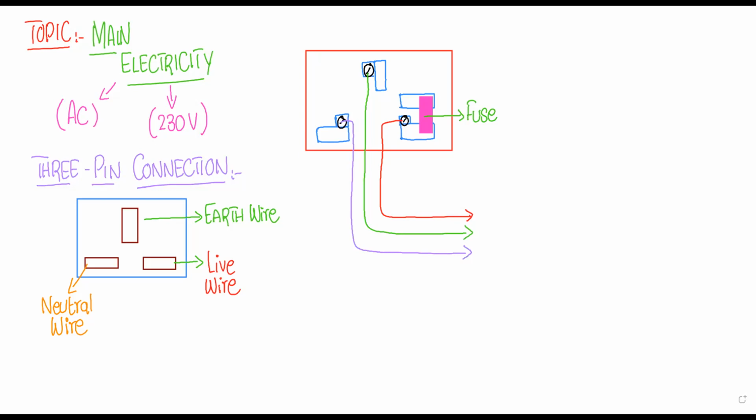So this one is live, this one is the earth wire, and the third one is known as the neutral wire, right? Now let's talk about the function. So this is the complete structure of the socket or the plug of 3-pin, and there is an insulation.